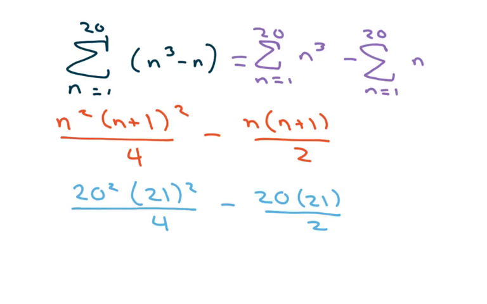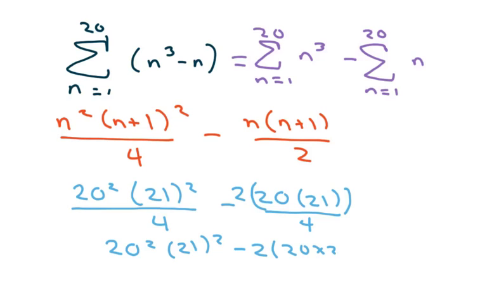and if you want to make it easier, you can use a calculator. I'm going to multiply this by 2 and change this to a 4, so that you have the same common denominator, and then you'd get 20 squared times 21 squared minus 2 times 20 times 21 all over 4.